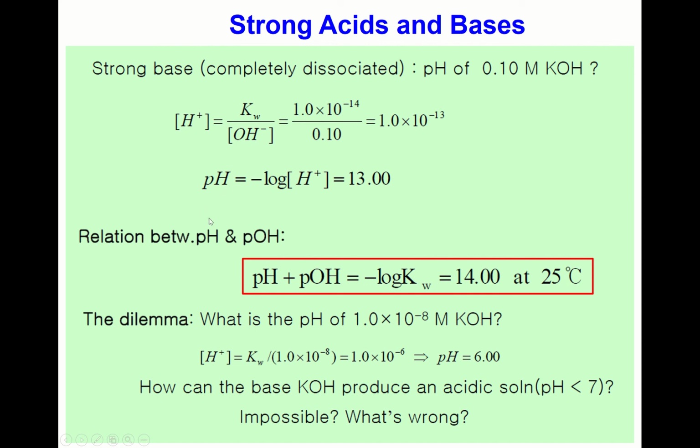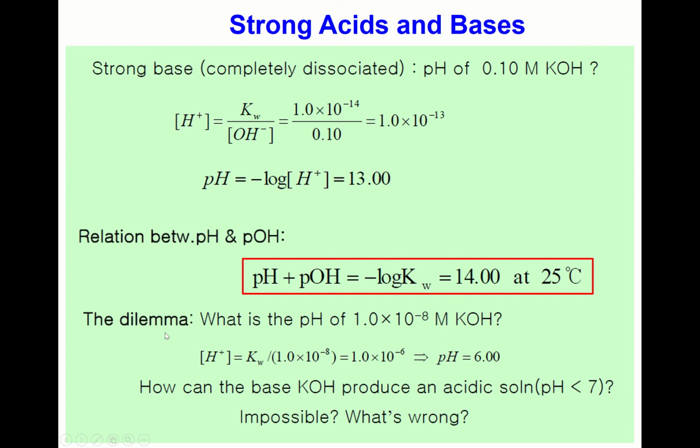From the definition of Kw, pH plus pOH is always 14.00, which is pKw at 25 degrees C. This is very important, and very easy to understand.